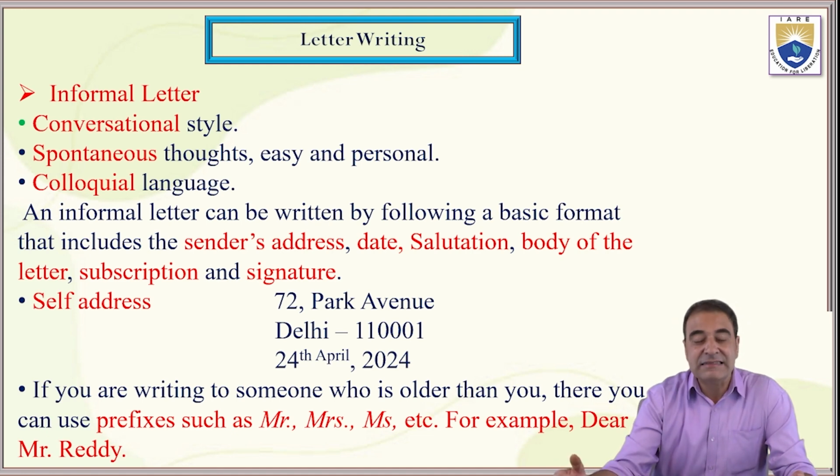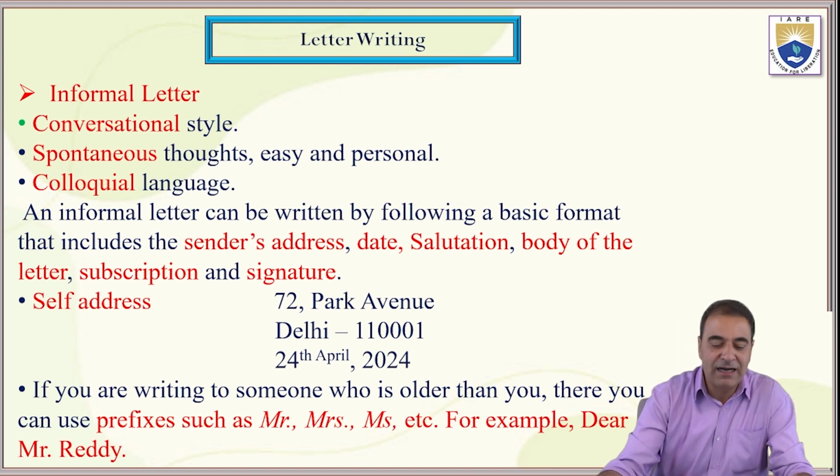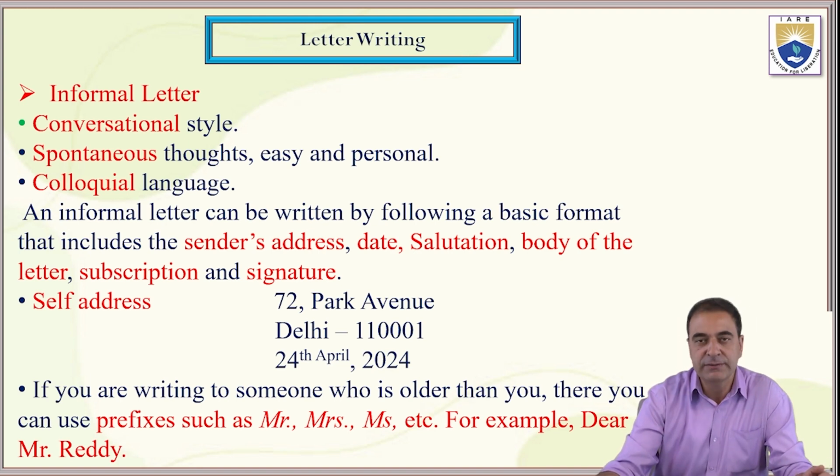We are writing this letter to someone who is very close to us, someone to whom we are very much intimate. Someone close, like my friend, my brother, sister, father. Therefore, here the style should be conversational.